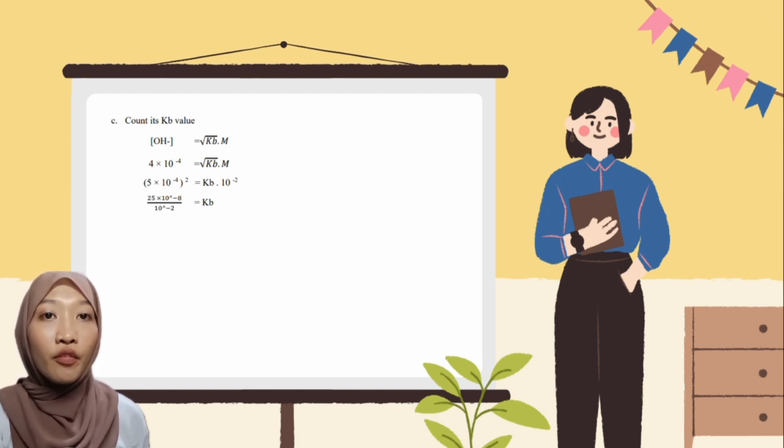Next, 25 times 10 to the power of minus 8 divided by 10 to the power of minus 2 equals Kb. So that Kb equals 25 times 10 to the power of minus 6. The result is Kb 2.5 times 10 to the power of minus 5.